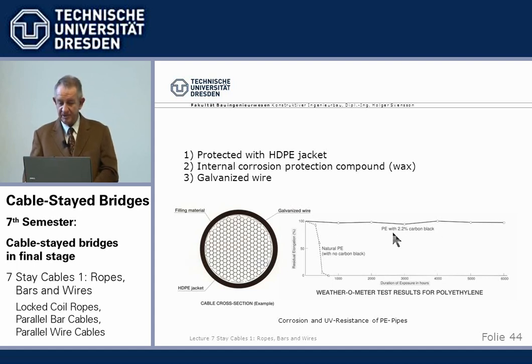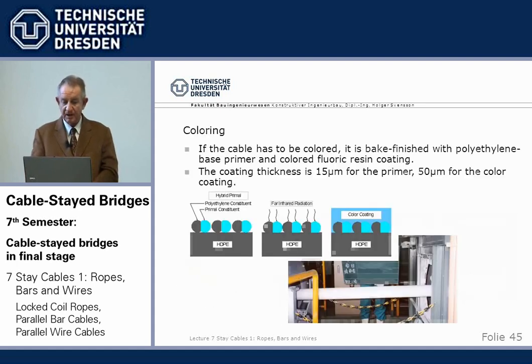If you use carbon black, as they call it here, it doesn't diminish the strength. If you have pure PE, then after a short time from UV radiation, it breaks. Coloring is a problem because PE is inert. Regular color doesn't stick. So we used tapes around, or you can bake some mixture of PE and coloring. It's possible, but it's a little tricky.